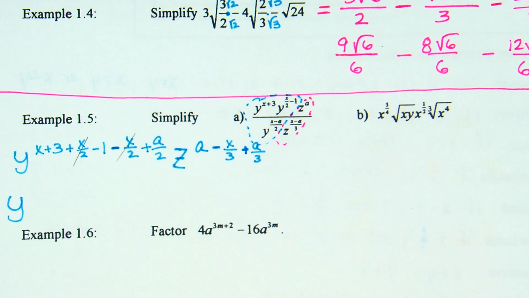So I see as my exponent, there's an x plus a 2, because 3 minus 1 is 2, and plus a over 2. It's not pretty, but it's a little prettier. Is that a good description? There you go.